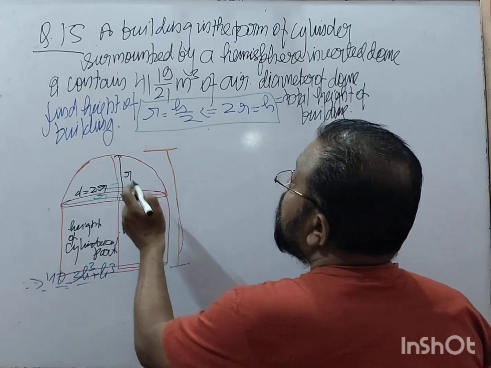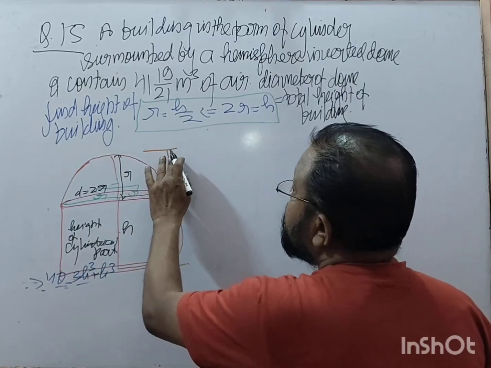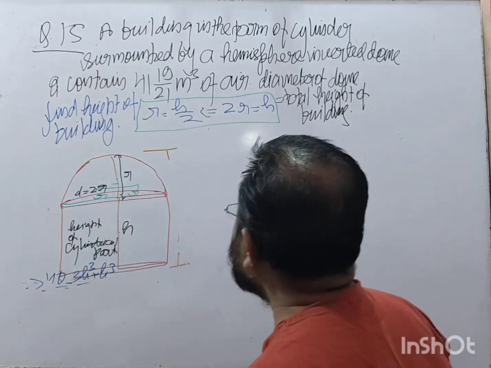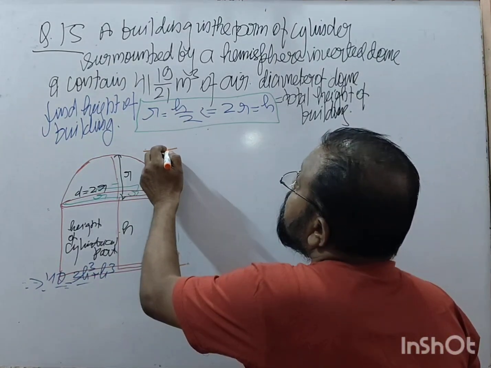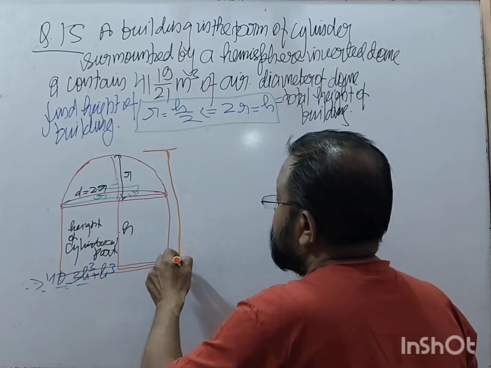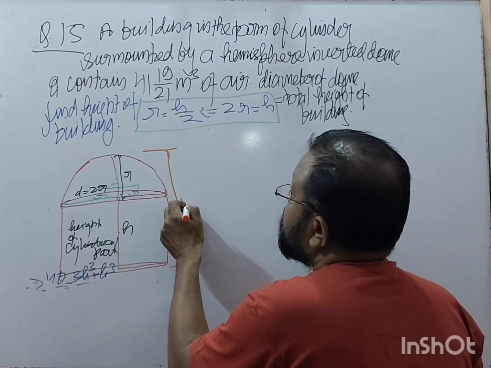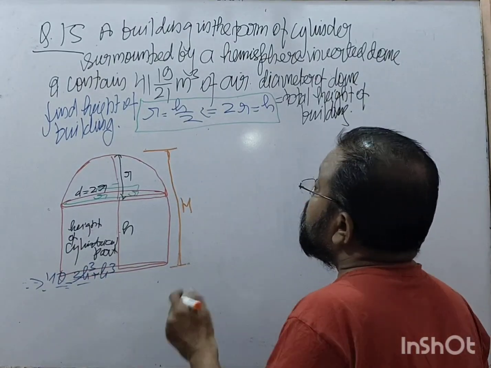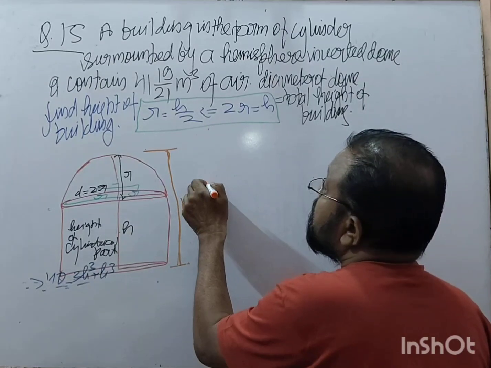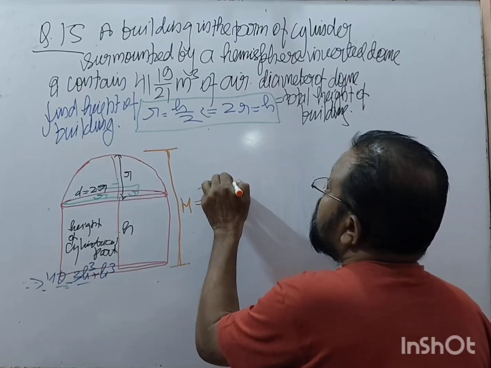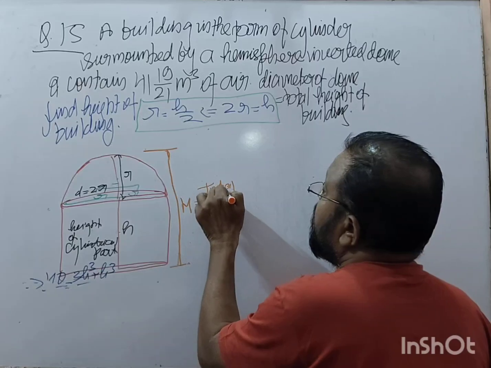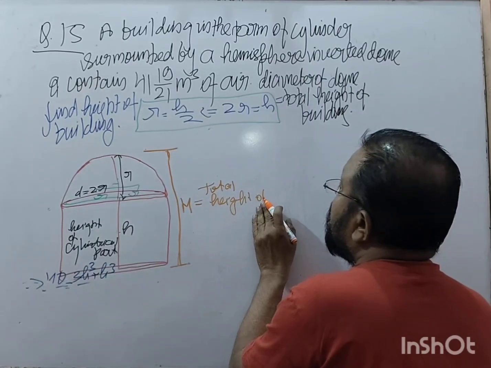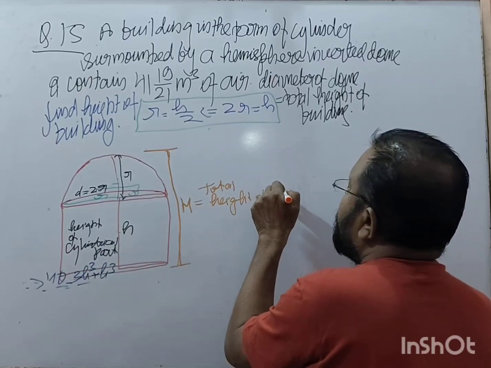Okay, now the total height of the building is given as capital H.